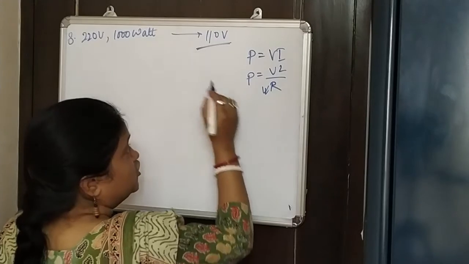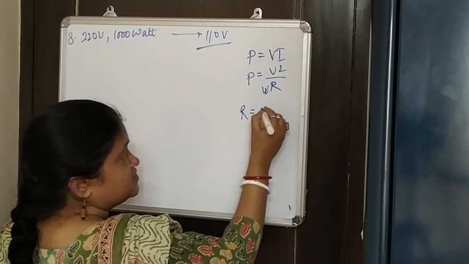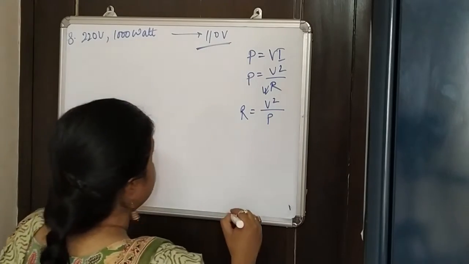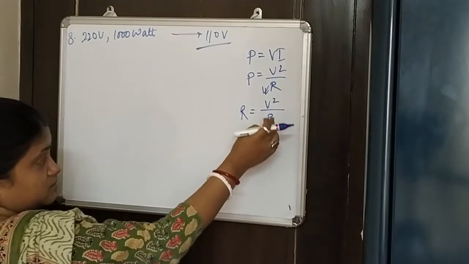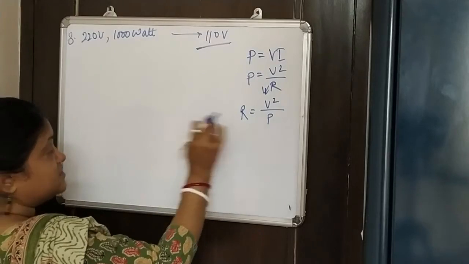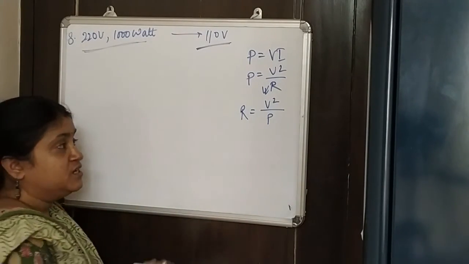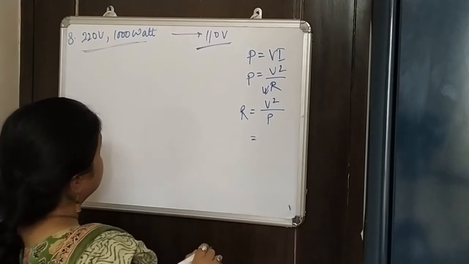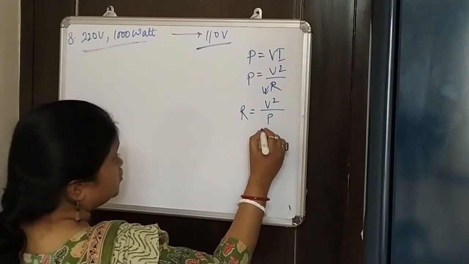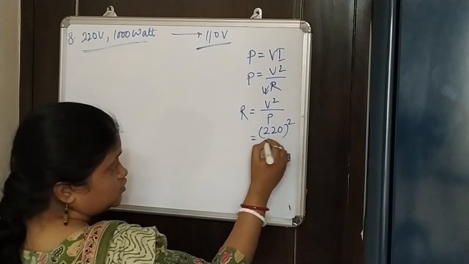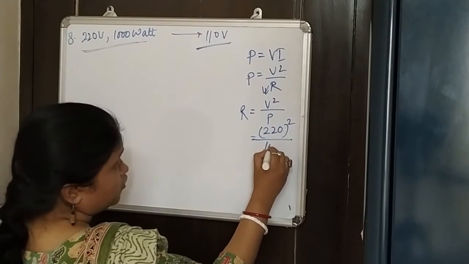So from here we can calculate the resistance, which is given as V square by P. Now for this particular bulb, the resistance can be calculated from this information, because the bulb has 220 volt, so 220 square divided by 1000 watt.